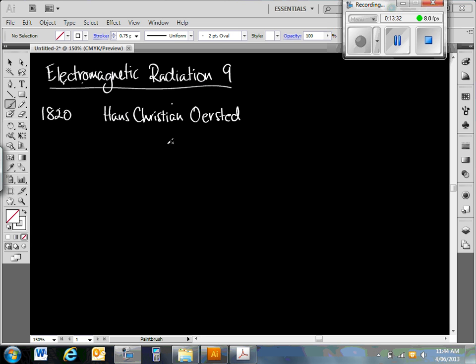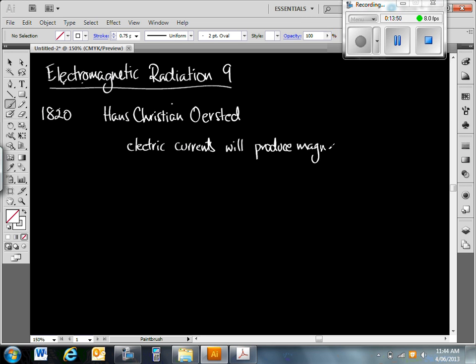He was Danish. He said that electric currents will produce magnetic fields. And we've just spent some time doing this.